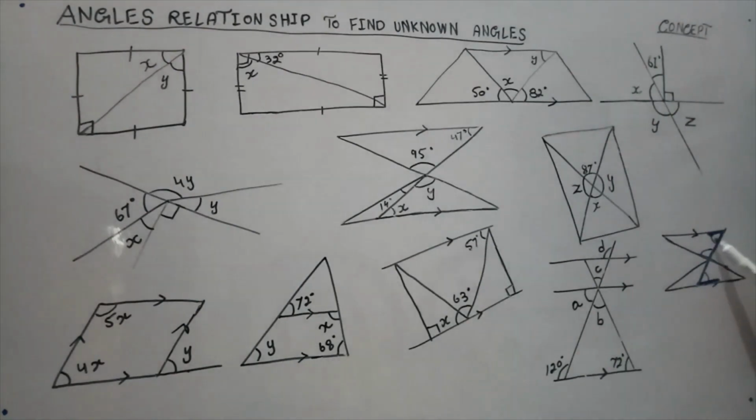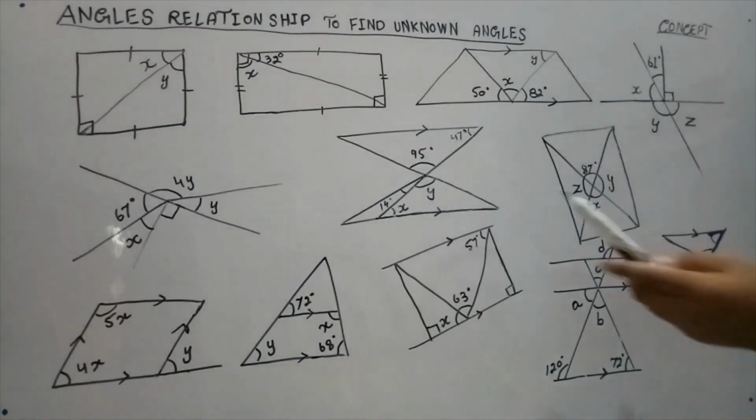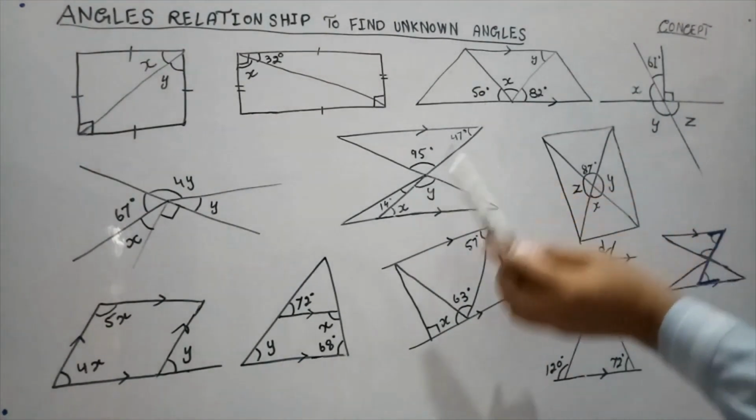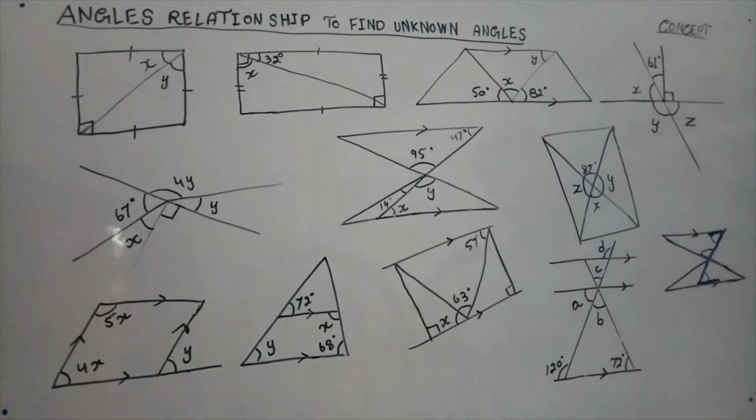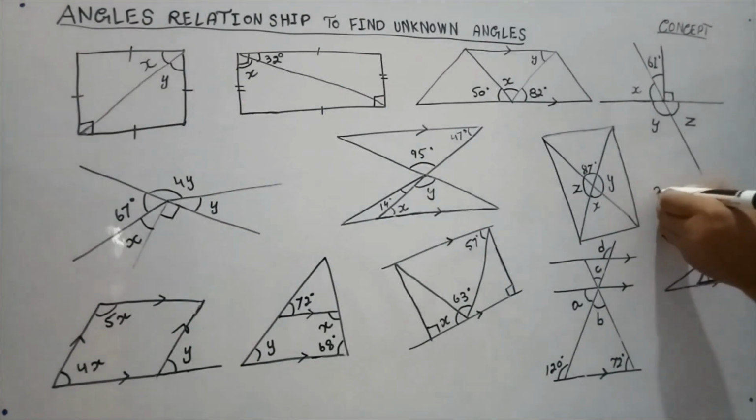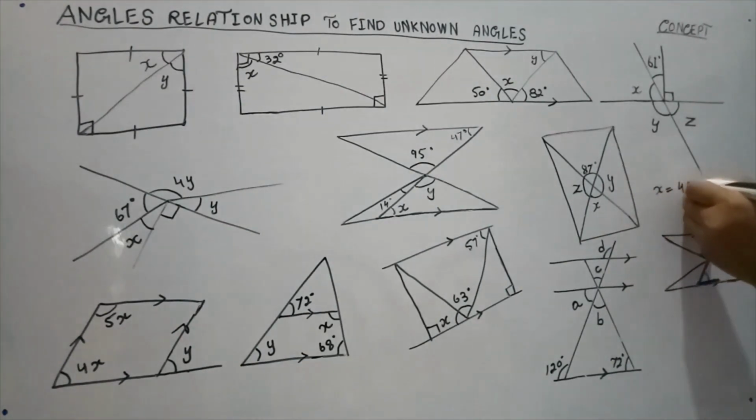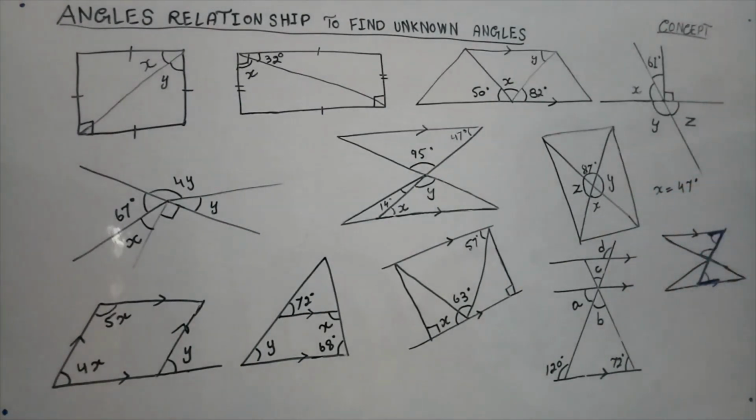So these two angles are the same, so I can say that this angle will be equal to that angle, or x is equal to 47. Let me write it here. X will be equal to 47 degrees by alternating angles. This theorem is known as alternating angles. X will be equal to 47 degrees.